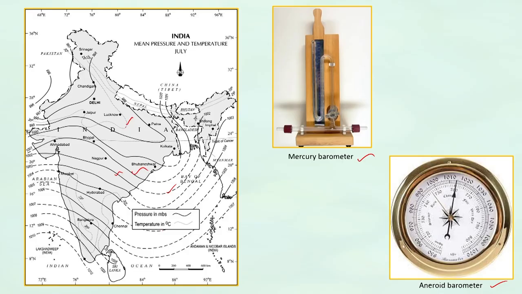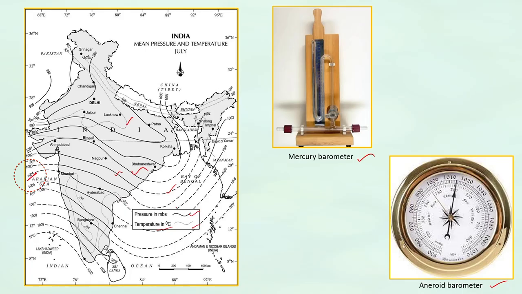So, I just want to say here, this line is representing air pressure and this line is representing temperature. For better understanding, look at the map, this line is numbered 1004, follow this line, 1004 is here, and the same line.